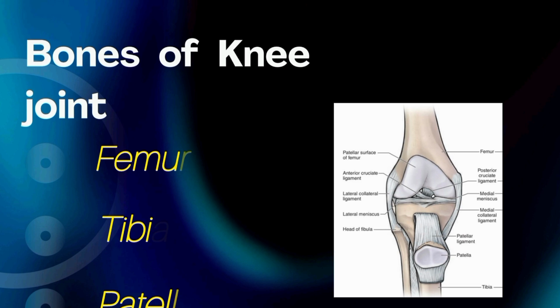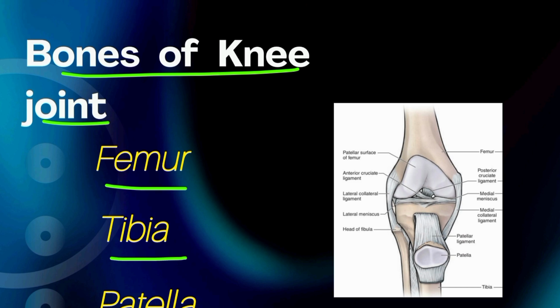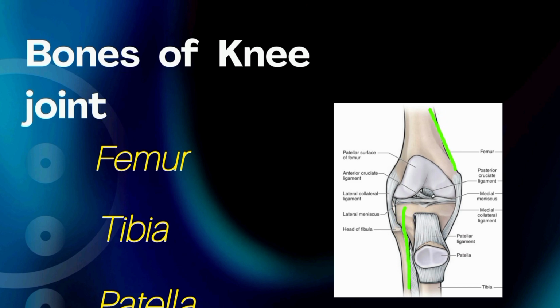Talking about the bones of the knee joint. The knee joint is formed of three bones: femur, tibia and patella. This is the femur and this is the tibia, and the circular bone visible here is the patella. In this picture, the patella is flipped off to show the inner surface of the joint.